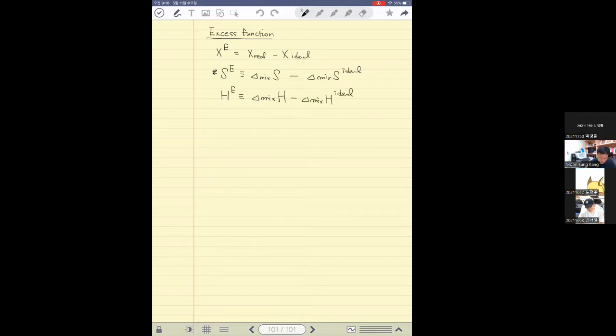And we know that this is equal to zero for an ideal solution, and therefore that's going to be equal to the enthalpy change upon mixing. If you think about the excess volume, that's defined as the volume change upon mixing minus the volume change upon mixing for an ideal solution. And we also know that this is equal to zero, and therefore that's equal to the mixing volume, right? So that's excess function. And I'm sorry, but I'm going to define another solution that's called a regular solution.